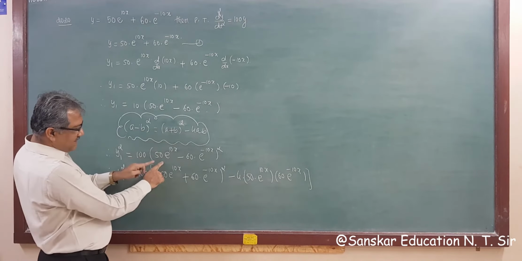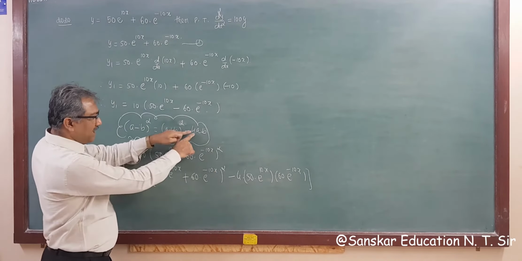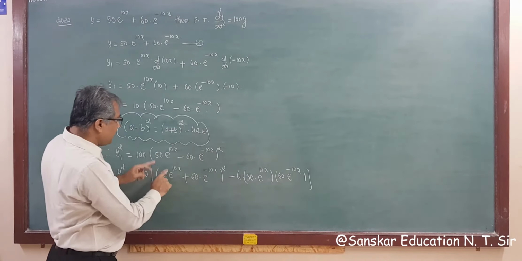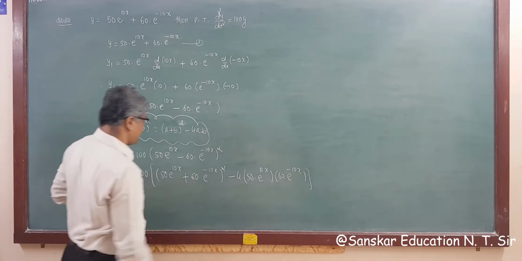A is this, B is this. So a plus b whole square minus 4, a is 50 times e raised to 10x, b is this, right?